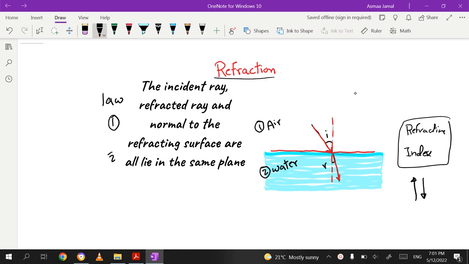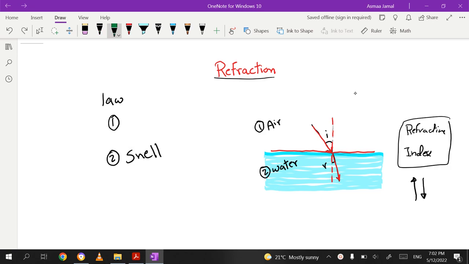Law number 2, which we call Snell's law, states that the ratio of sine of the angle of incident light in the first medium to the sine of the angle of the refracted light in the second medium is equal to the ratio of refractive index of the second medium to that of the first medium.